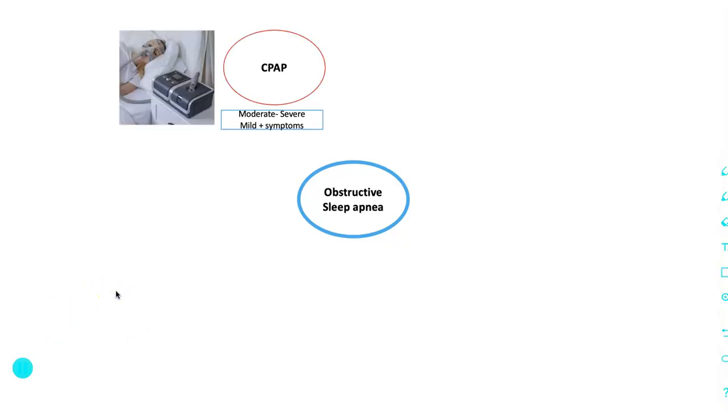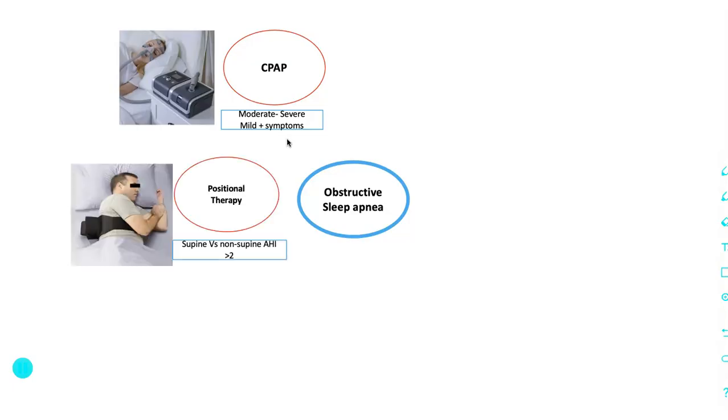For obstructive sleep apnea, there are several treatment options available. The most common one is CPAP, the most commonly used treatment for moderate to severe obstructive sleep apnea and for mild sleep apnea patients with symptoms. Then positional therapy, where the supine AHI is at least twice the non-supine AHI.